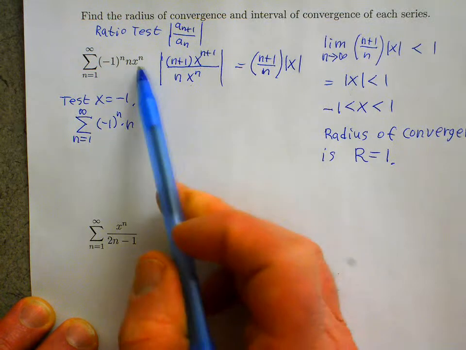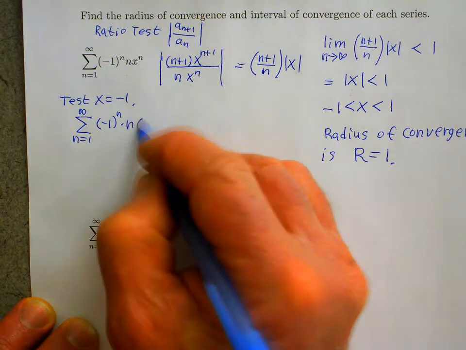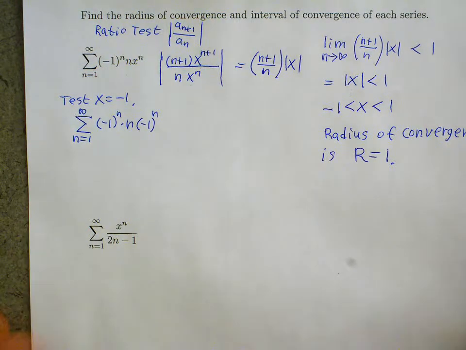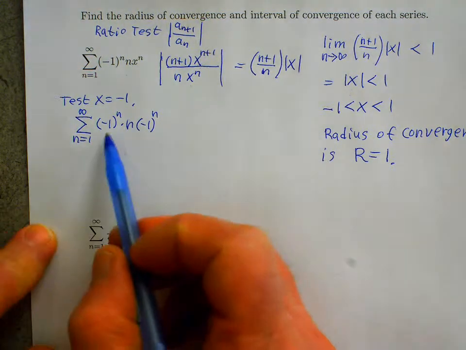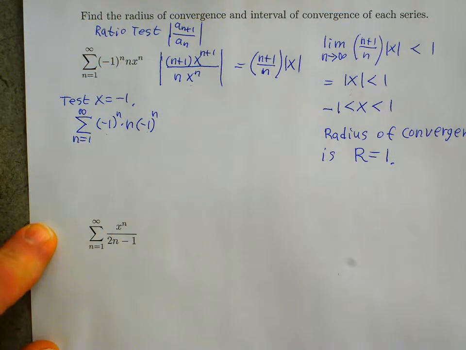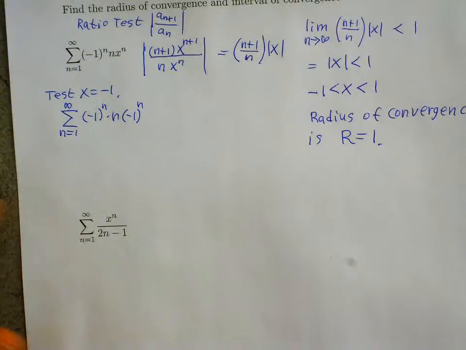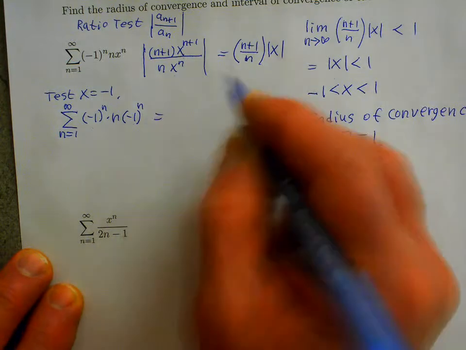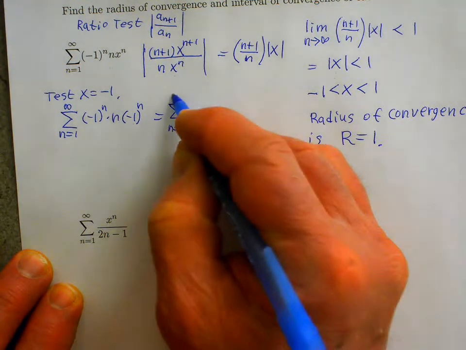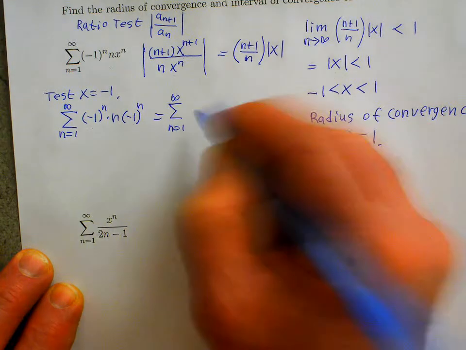So when x is negative 1, we have negative 1 to the n again. But negative 1 to the n times negative 1 to the n is going to be positive 1 for all n, right? So this series becomes the sum of n.